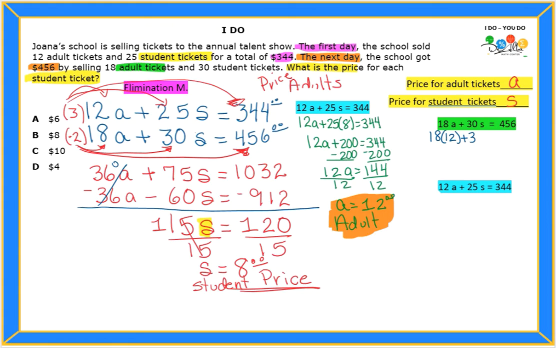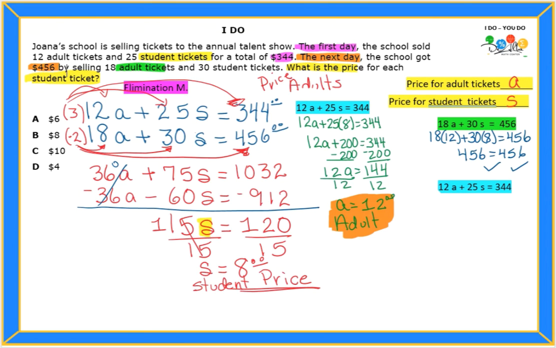I'm gonna replace S with the price for the student price ticket. If I input all that on the calculator, I am gonna get 456 equals 456. So I got the same answer on both sides. So that tells me that I found the right numbers for the student price and for the adult price.